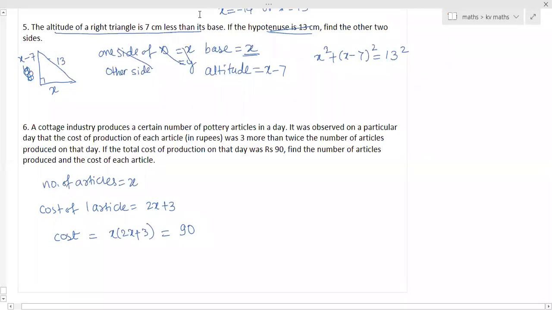Completed this question? Yes, ma'am. Janet, what's the answer you got? 6.